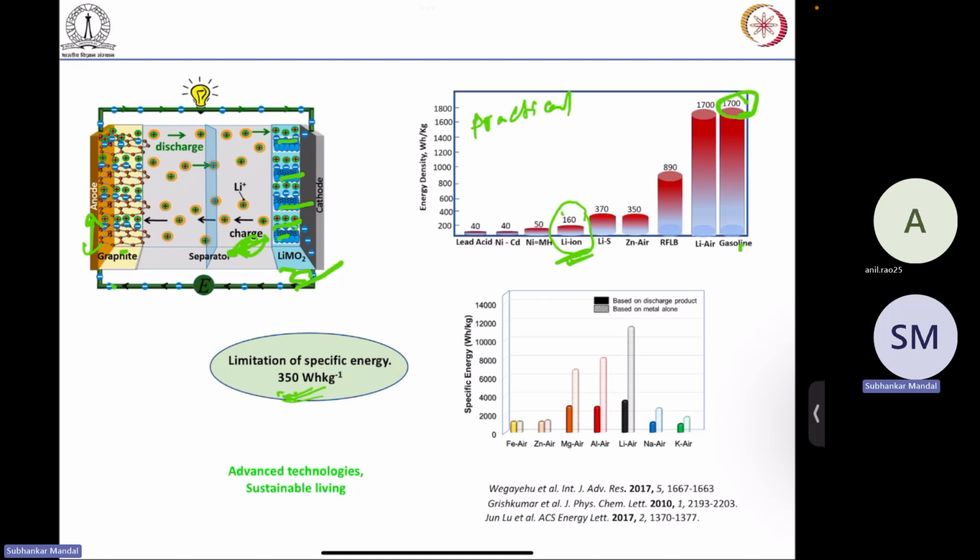Here you can see lithium sulfur or air batteries, basically metal air batteries, which have very high energy density. In the case of the lithium air battery, it is around 1700, which is 10 times higher compared to the lithium ion battery. If we can commercialize the metal air or lithium air battery, it will be a boom on the market.